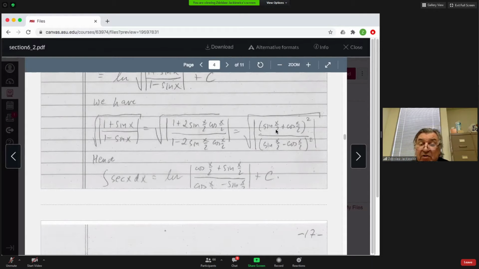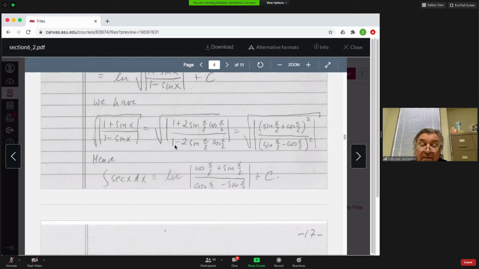Because if you square, you get sine squared plus 2 sine x over 2 cosine x over 2, plus cosine squared. And of course, sine squared plus cosine squared is 1. So you see that that's the same thing.